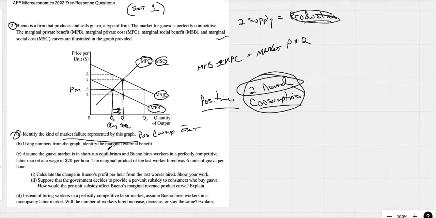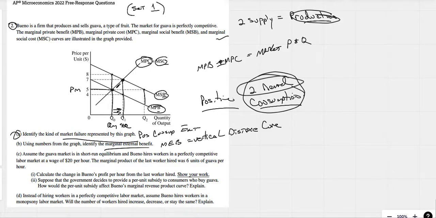Using the numbers from the graph, identify the marginal external benefit. Now we should just know the MEB. The MEB is the vertical distance between the two curves. So if I know that there's two demand curves, I could have simply measured it from here to here.